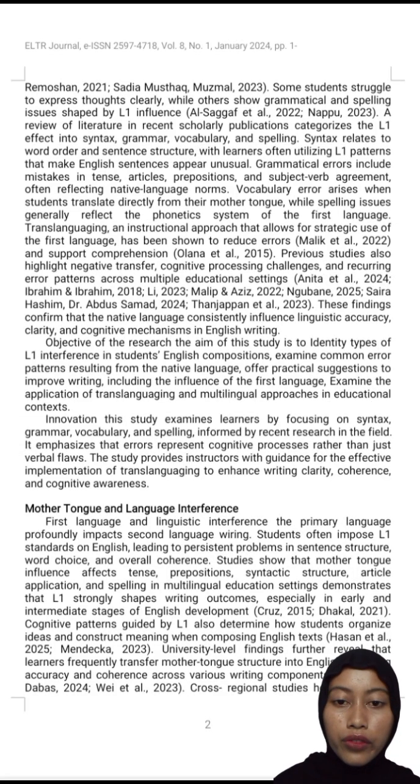The literature review showed that first language influence affects syntax, grammar, vocabulary, and spelling. Translanguaging is suggested as a strategy that allows students to use their first language strategically to support learning English, which can reduce mistakes and improve understanding.